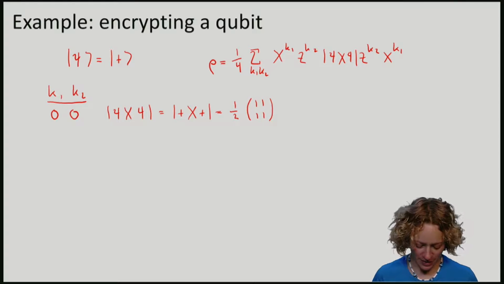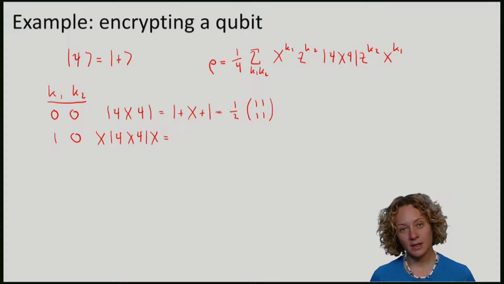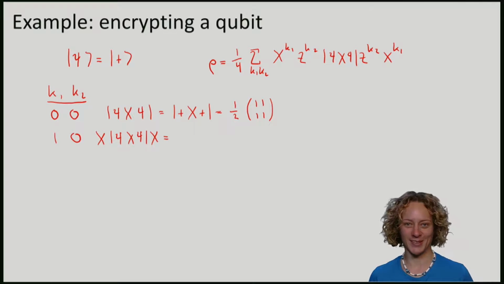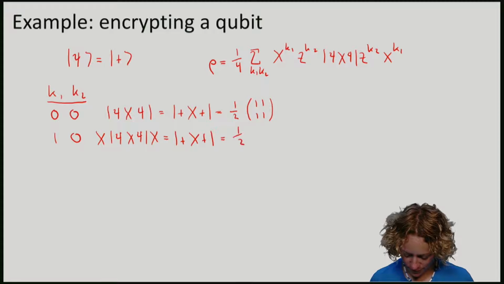Let's now consider the case where we just apply x. So we've seen that x does nothing to the plus state. So here we again just have plus. 1, 1, 1, 1.